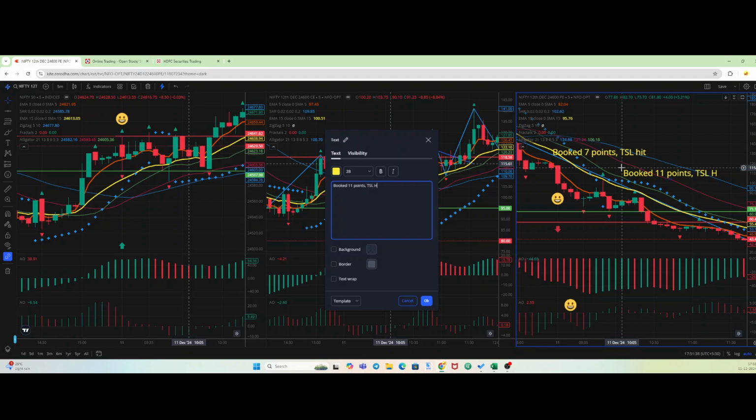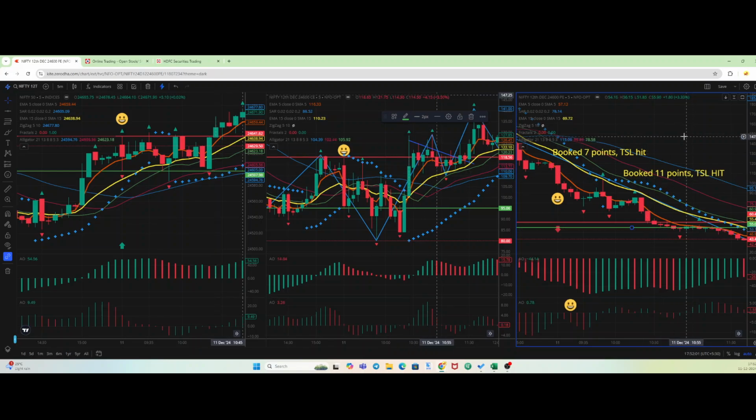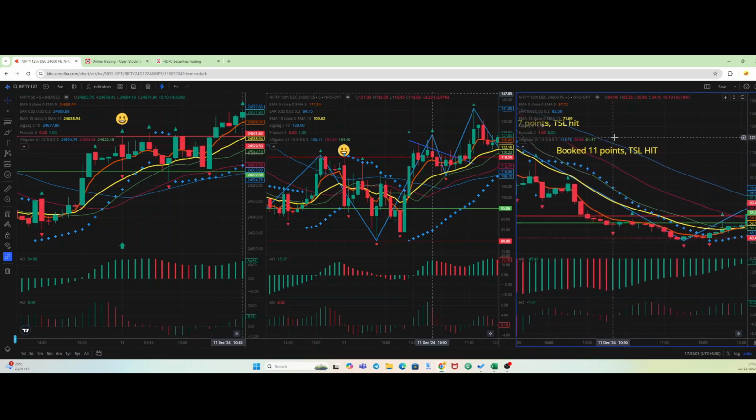TSL hit. Okay. Now just after hitting TSL, again it is going. Are we going to take the trade here? No, because here one more fractal has to form. If it forms, then only can we take the trade.